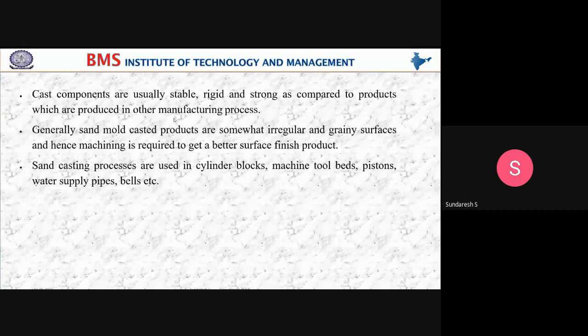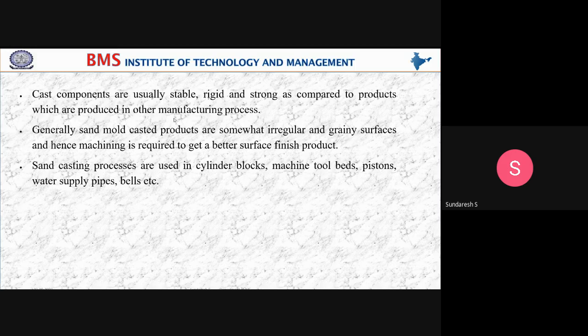A better surface cannot be obtained by using sand molding, so generally sand molded castings are finished by machining. Sand casting processes are used for cylinder blocks, machine tool beds, pistons, water supply pipes, belts, etc. These are the applications of the sand casting process.